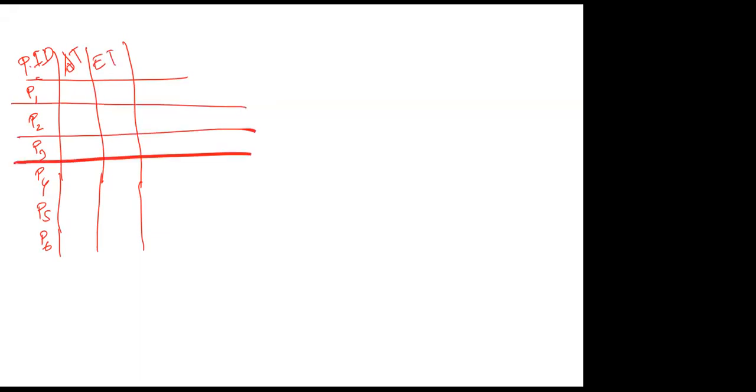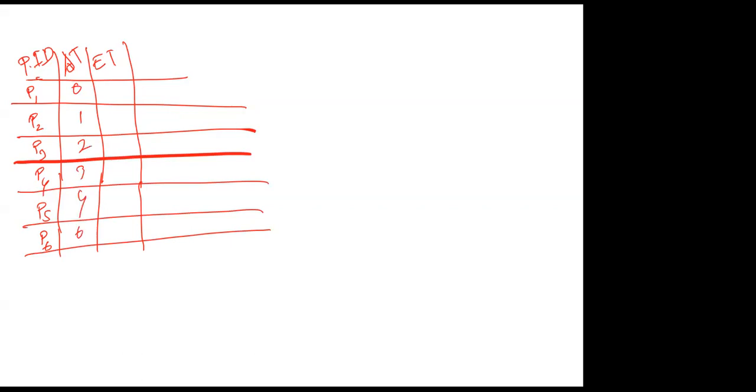Now let's see the arrival time of these processes. It's as usual 0, 1, 2, 3, 4, 2, 3, then 4, 6. Okay, let's consider this order. The process comes into the RAM.